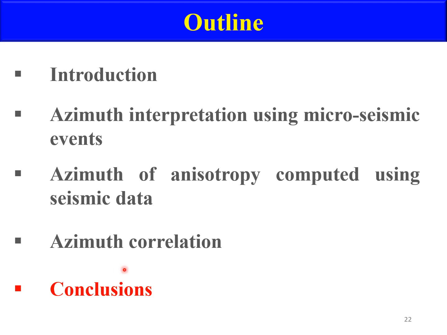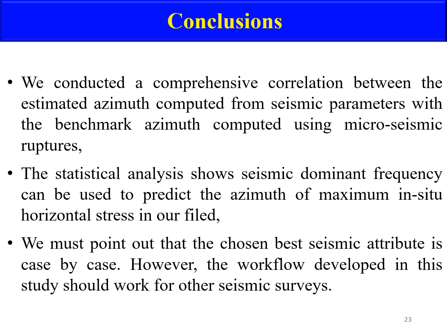Based on the analysis, we obtain the following conclusions. In this research, we conducted a comprehensive correlation between the estimated azimuth computed from seismic parameters and the benchmark azimuth computed using microseismic ruptures.